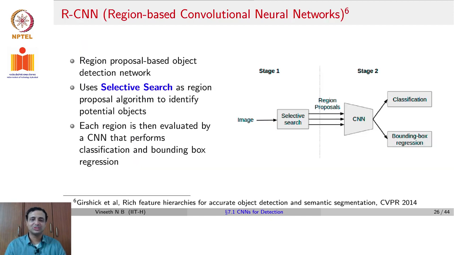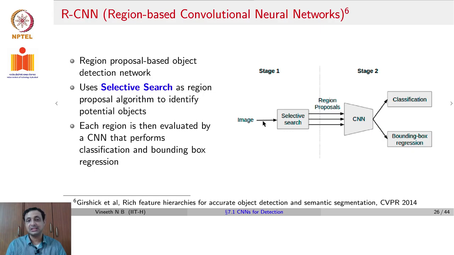The earliest one was known as the RCNN, or the region-based CNN, which was proposed in CVPR of 2014 by Ross Girshick. This approach has a first stage that uses a method known as selective search, which is an image processing method. It doesn't use a neural network for that, but using selective search, it proposes several regions that could have objects.